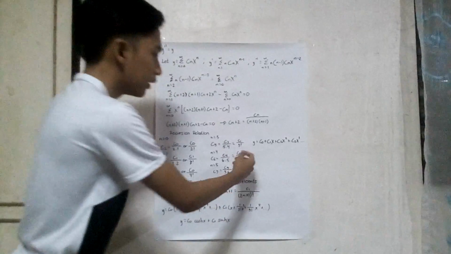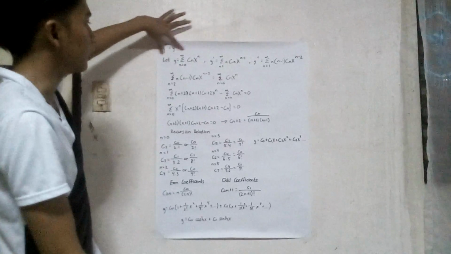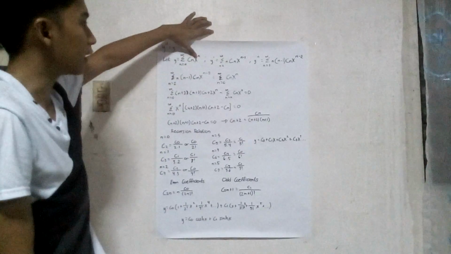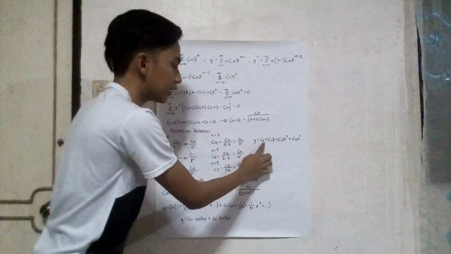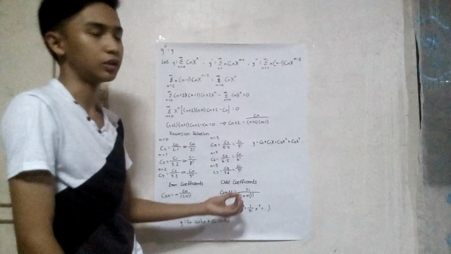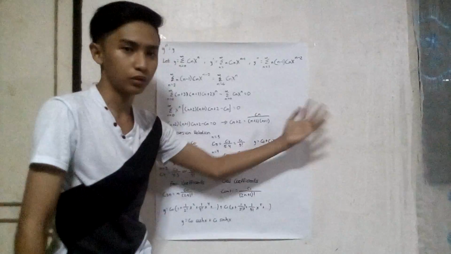By using the first equation, y equals the summation of cn times x raised to n, we substitute the values of n, which are 0, 1, 2, 3, and so on, to get the full equation.